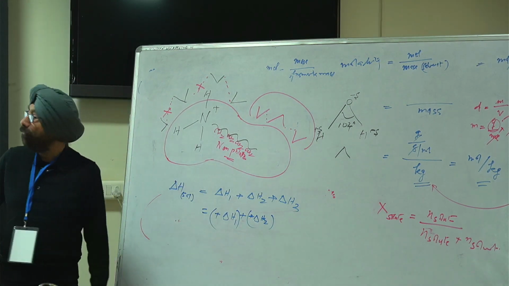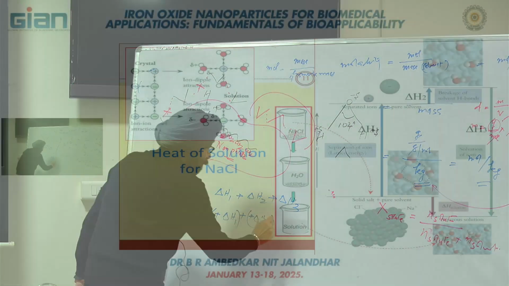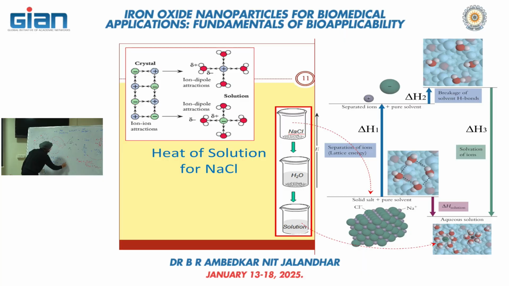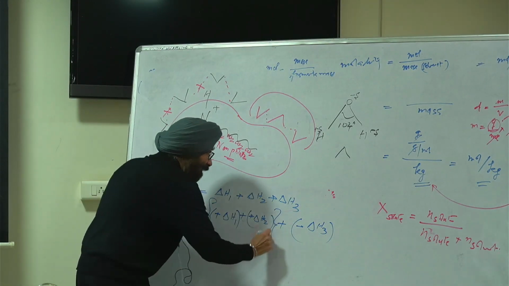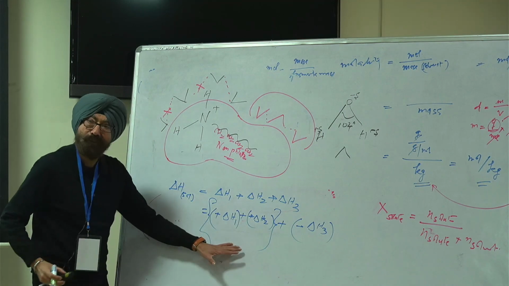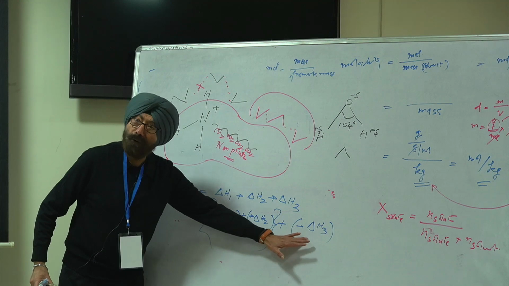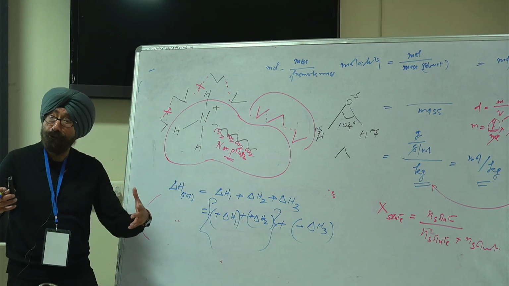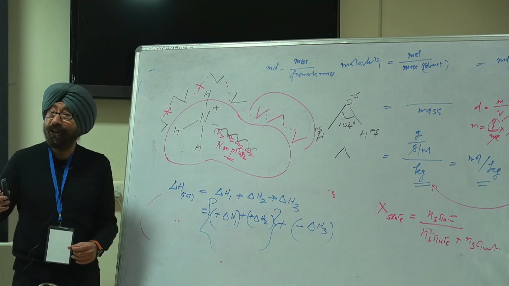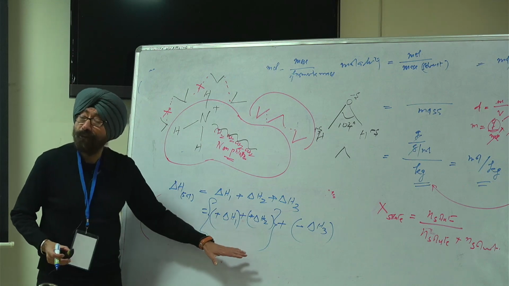But delta H3 is negative. So it is in fact a competition between the endothermic and exothermic amounts of energy consumed or released. Whichever is greater in amount would decide if the change is endothermic or exothermic.